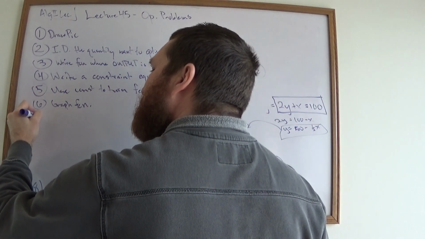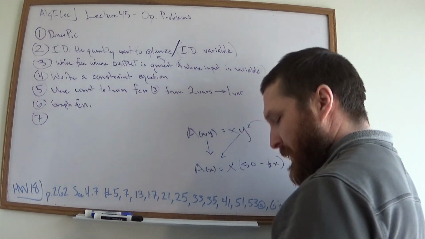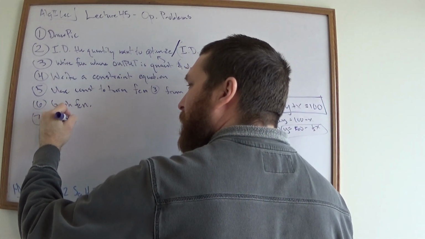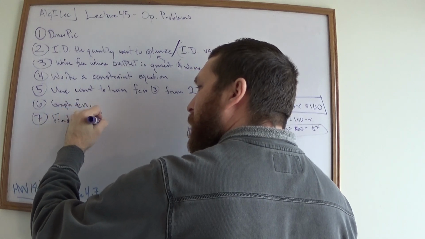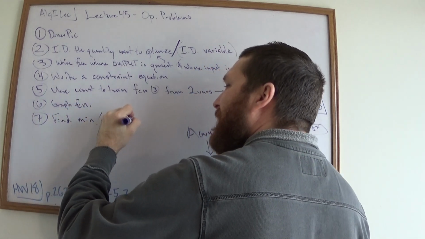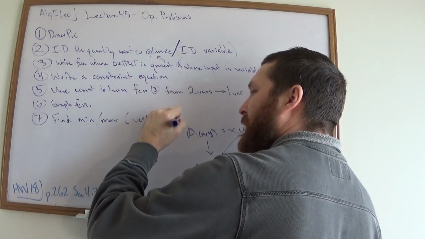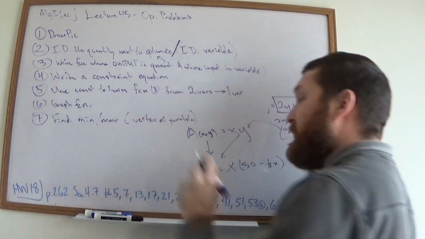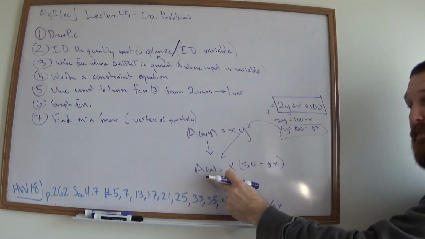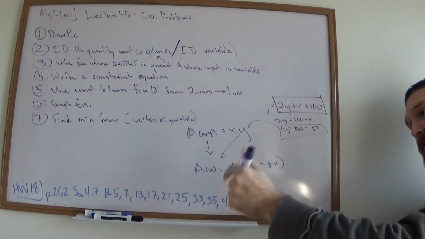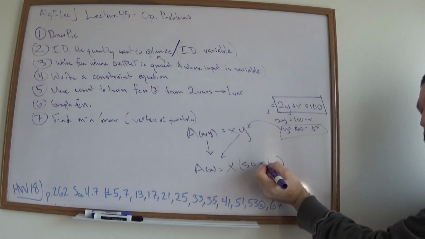And then the 7th step, and this is how I wrote it on the board, was find the minimum or the maximum, and I put, that's the vertex of the parabola. As you can see, we've done this one before. This is a downward-facing parabola because of this right here.